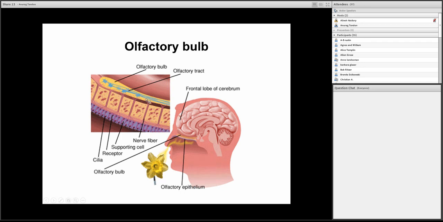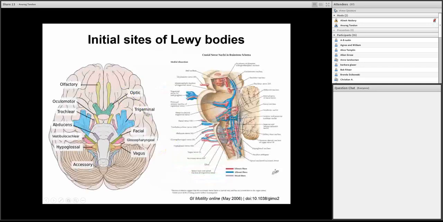And if you look at this section, which is a view of the brain from the bottom up, you see the olfactory bulb right here, and also the vagus that exits the brain from here. And these two areas, now showing in these pulsating circles, are connected to the initial site of pathology.